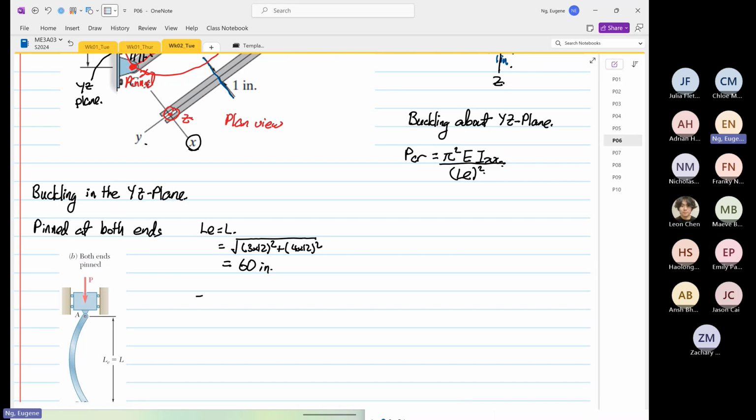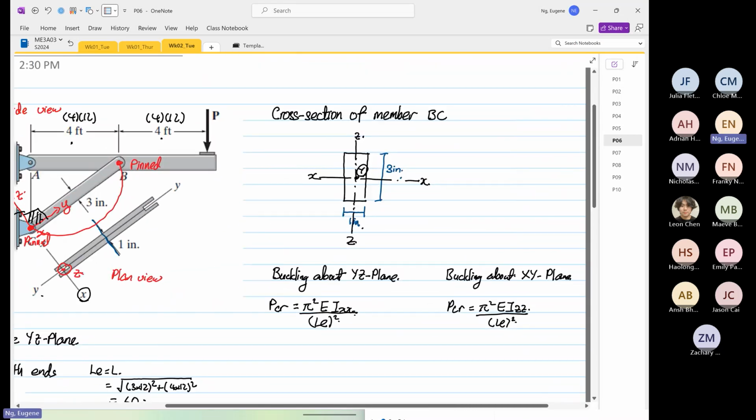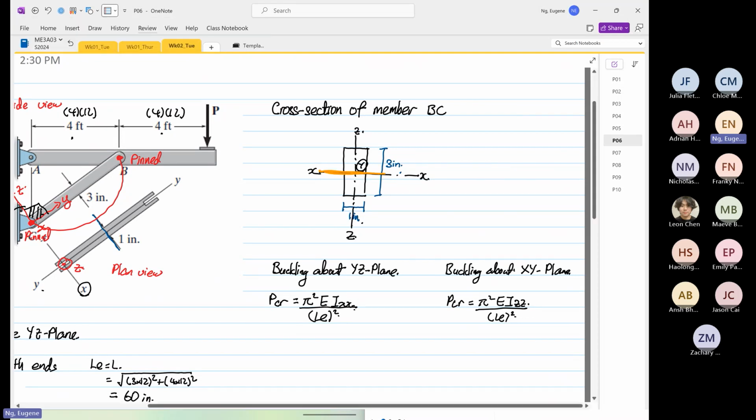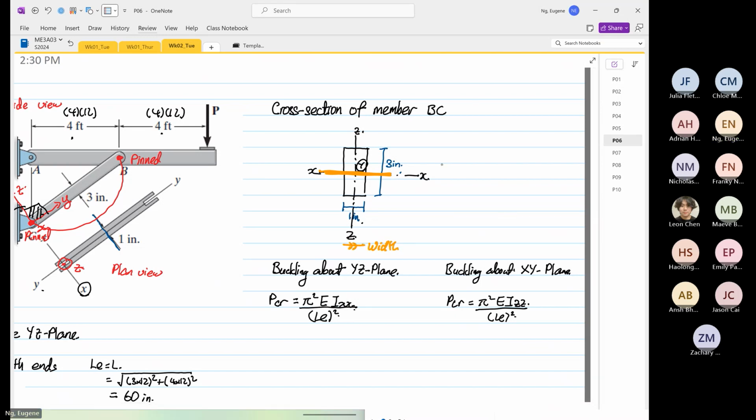So the next thing is our IXX. So XX is the axis of interest. So I will draw this in orange. So XX is the axis of interest. So when this is the case, this is your width. And over here, this is your what? This is your depth. Okay.